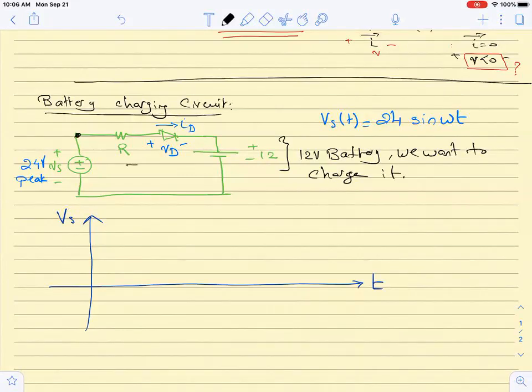For the current to flow, it has to go from the positive to the negative, right?